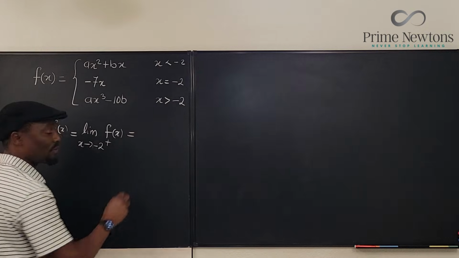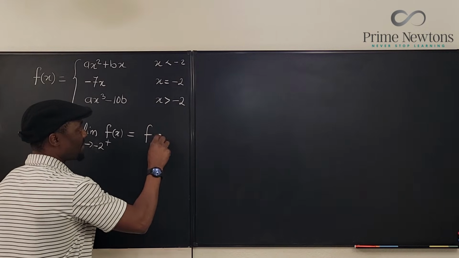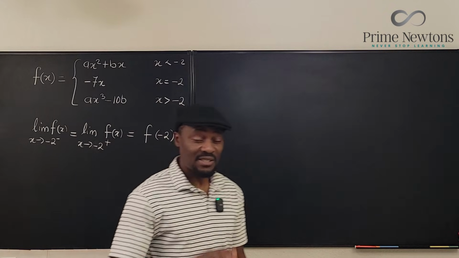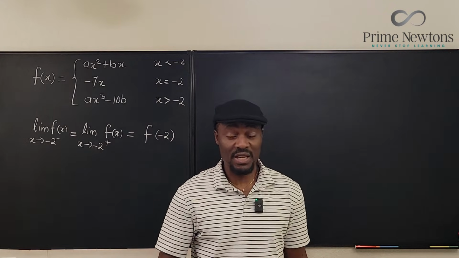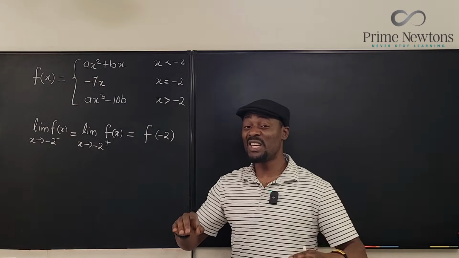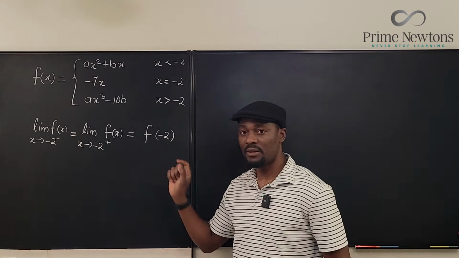And it must be equal to f of -2. These three conditions must hold. If any of these does not hold, the function is not continuous at the point.